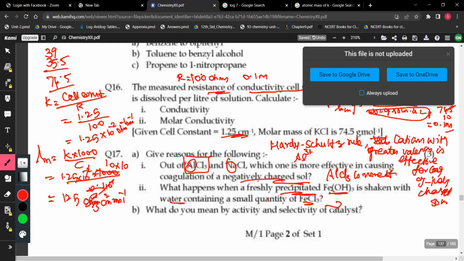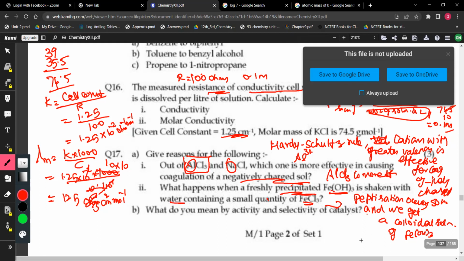This process is called peptization. When you start with the precipitate, add dispersion medium and electrolyte, you will get a colloid. Peptization occurs and we get a colloidal solution of ferric hydroxide.